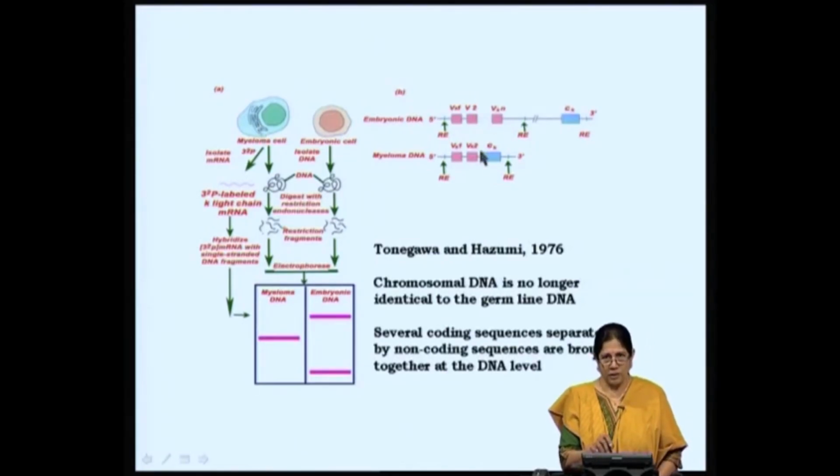I have tried to put this in the form of a diagram, which says the embryonic DNA is much longer, and by deletion of some segments, in this particular case several segments including this one are deleted, the myeloma DNA in the immunoglobulin kappa chain is smaller than the embryonic DNA.